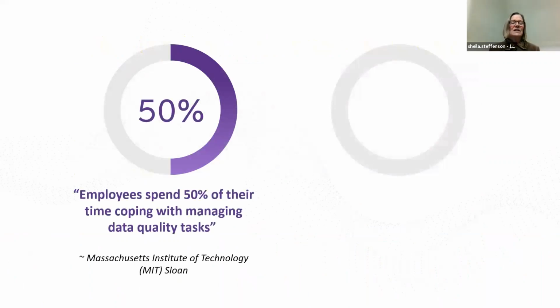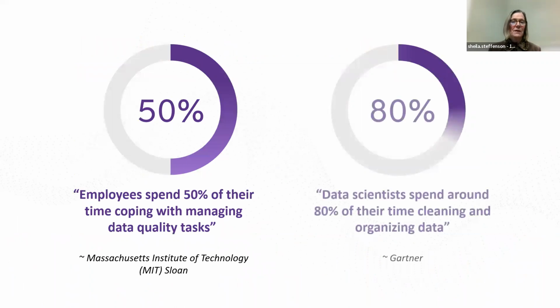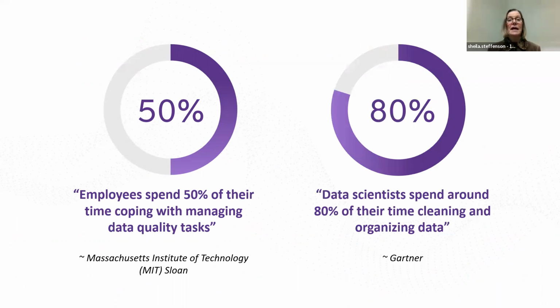Thanks. So the statistics here, and this one comes from MIT, the first one on the left, is that employees spend 50% of their time just trying to deal with data quality. And probably part of that is understanding where the issues are, or if there are issues, and then also just how do we clean them up and do it in a manner that's not so daunting.